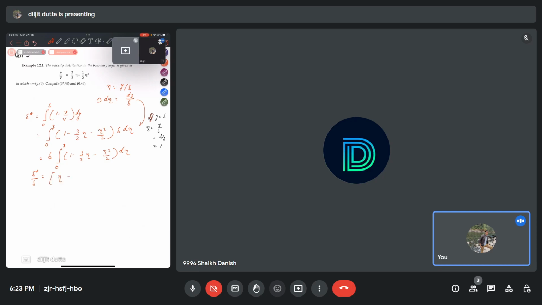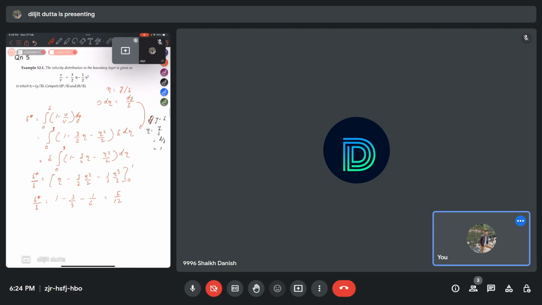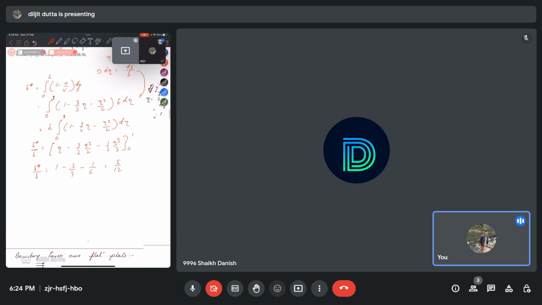So it will be eta minus 3 by 2 eta squared by 2 minus half eta cubed by 3, from 0 to 1. That is 1 minus 3 by 4 minus 1 by 6. I think it is 5 by 12. So this is for displacement thickness.